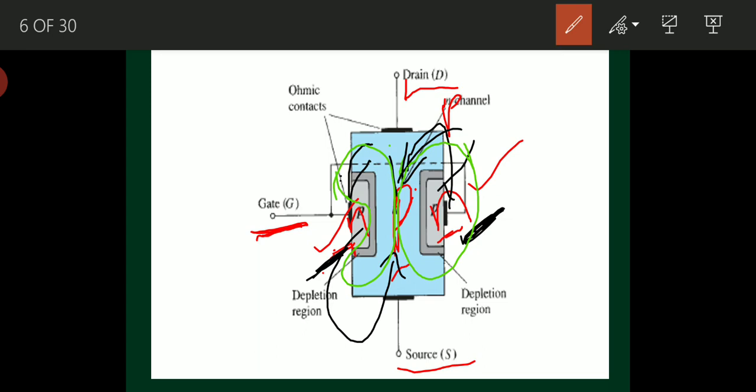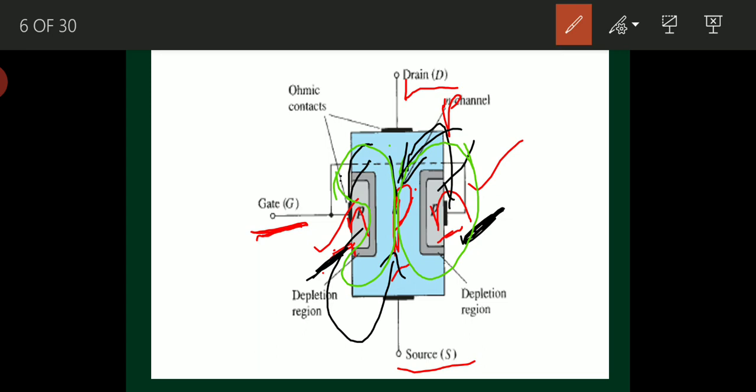This is the longitudinal cut section of the p channel FET. So the depletion region is formed here. So this is the schematic of p channel JFET under no voltage applied, under no bias.